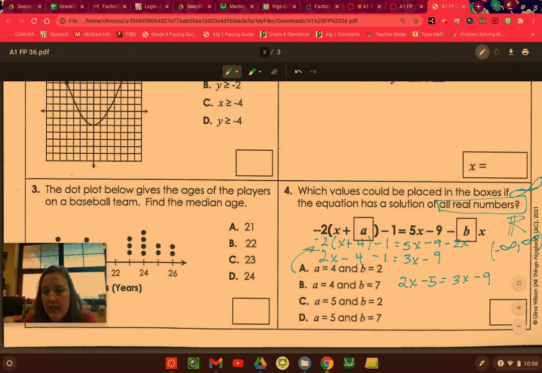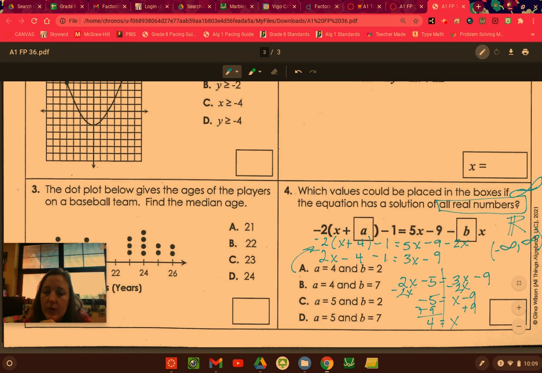So far, it doesn't look like this one's going to be that, because what I'm trying to find is equal values, so equal expressions. This expression is exactly equivalent to this expression, so there's basically the same expression on both sides. So far, it doesn't look like it, because this one looks like it's going to have one solution. Minus 2x, minus 2x, negative 5 equals x minus 9, plus 9, plus 9. See how this is working out?